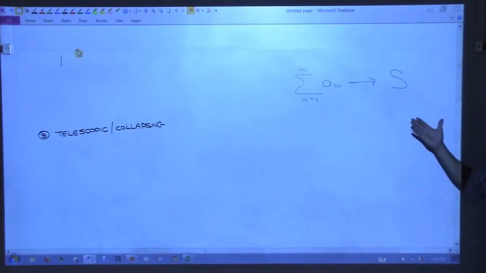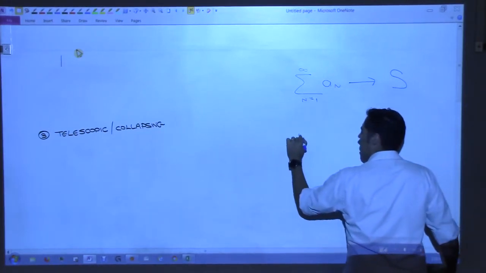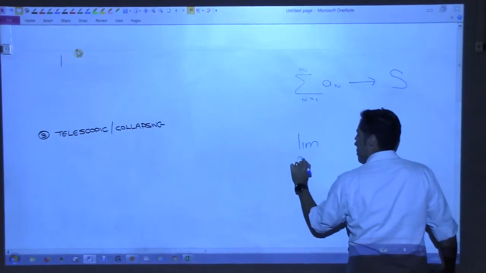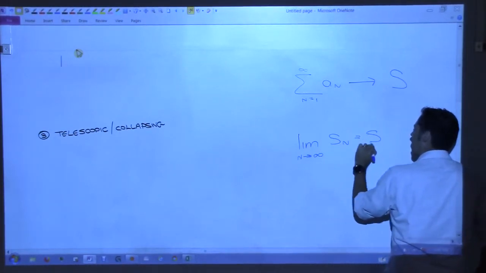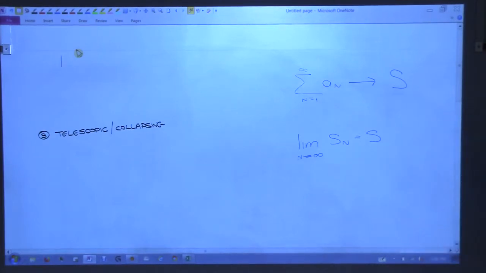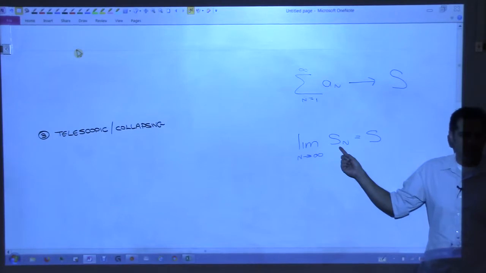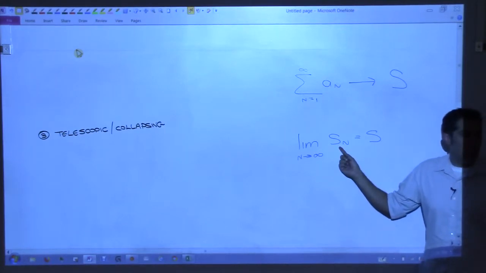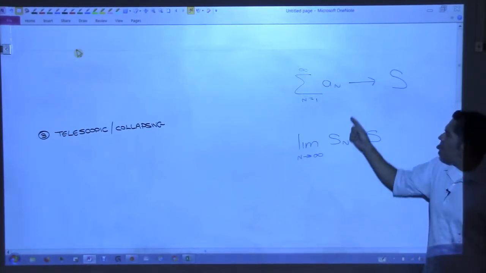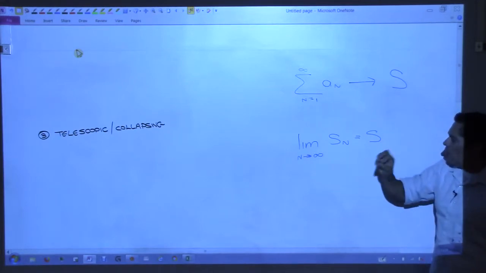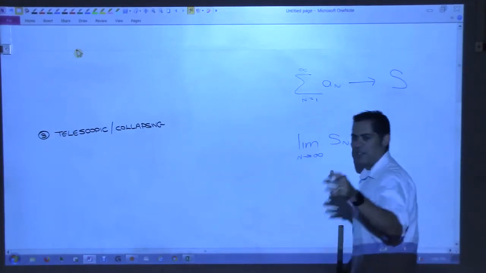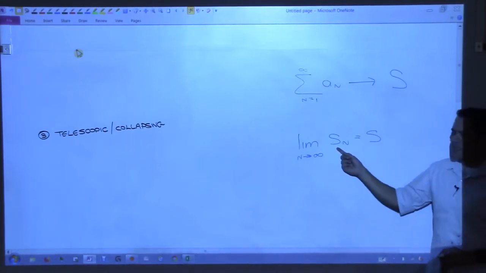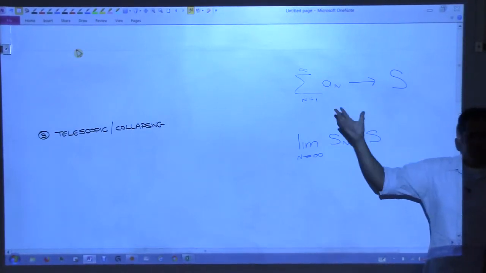What this means is that if we take the limit as n goes to infinity of s sub n, we get s. Do you remember what s sub n is? The nth partial sum. This is us taking all these little guys and creating a new sequence from it. Like the sequence of the sequence. It's the sequence of the sequence, exactly. But that new sequence was the sum of the pieces, right?